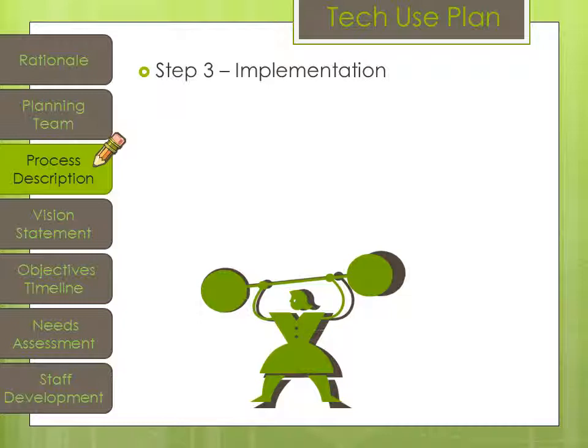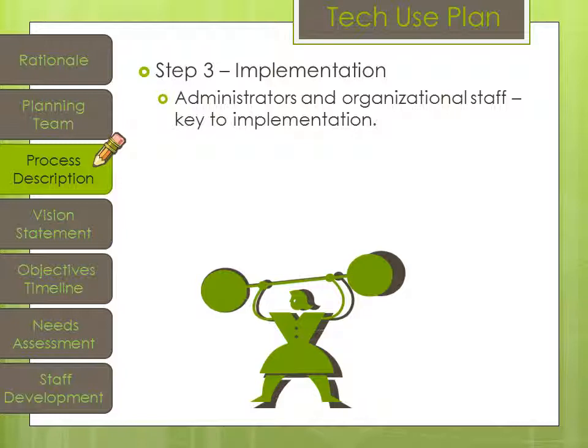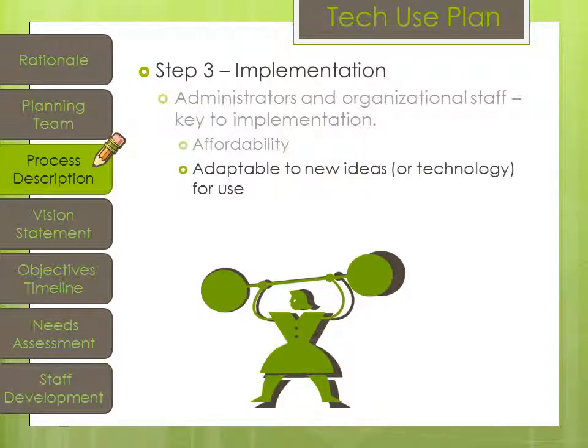So what we're really talking about here is administration managing the heavy lifting in regards to judging and applying affordability, being supportive to adapting to new ideas and technology use as new educational opportunities arrive, and of course the effective management of resources to facilitate the students' needs and the teacher's goals to meet those needs.